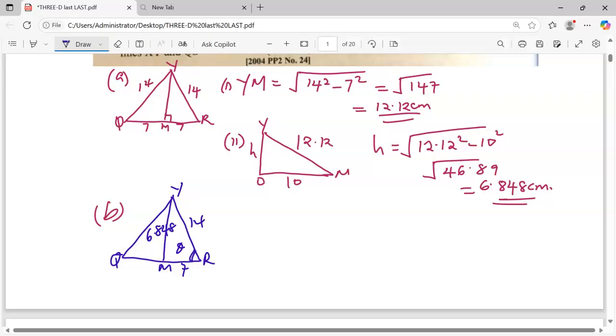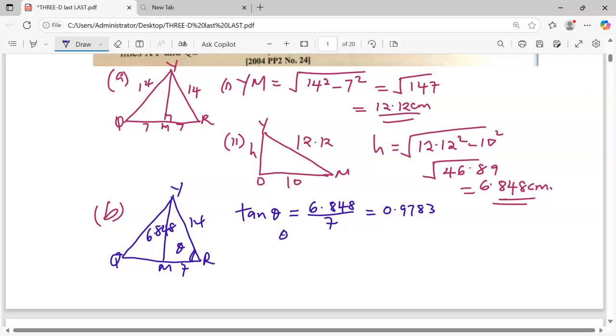But we can decide to use any trigonometric ratio. In this case, I prefer to use the tangent of an angle theta, which is going to be given by the opposite, which is 6.848, divided by the adjacent, which is 7. And this one is going to give us 0.9783.